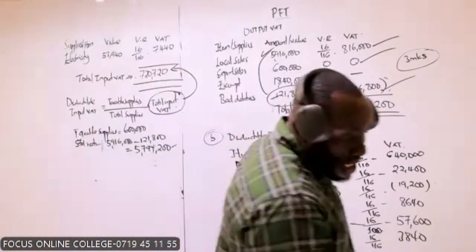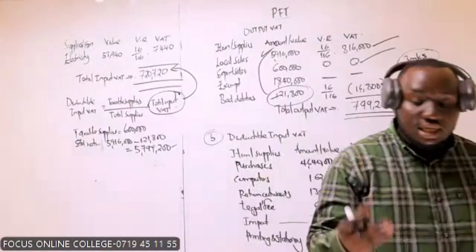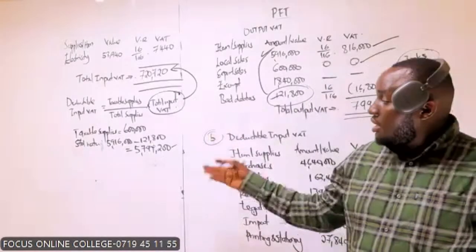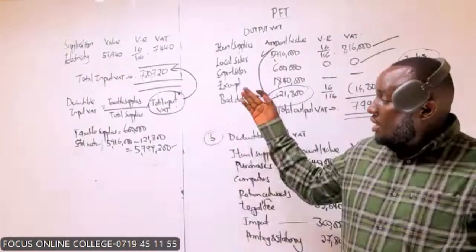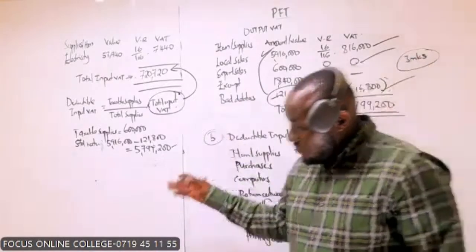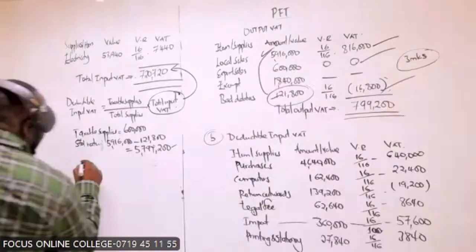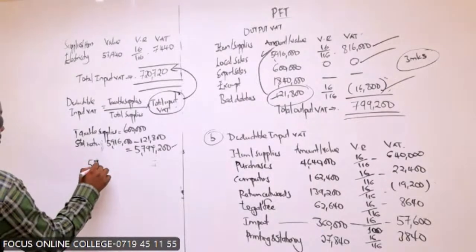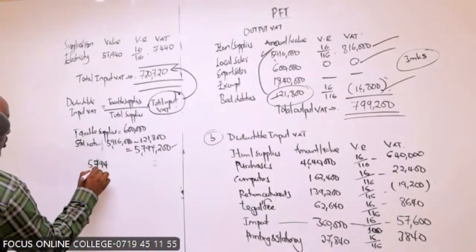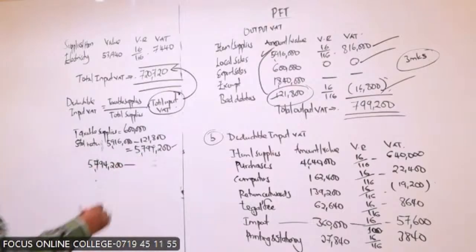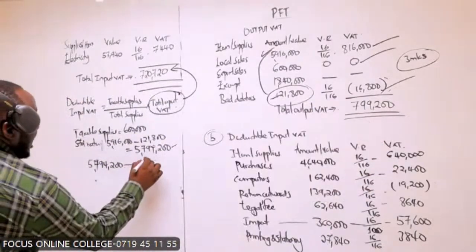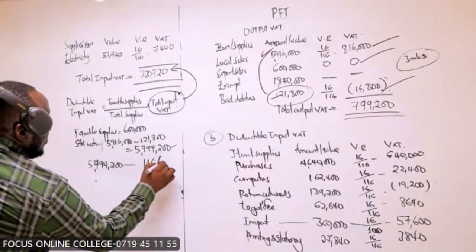57,94,200. This figure is inclusive of the VAT, implying that this figure is 116%.